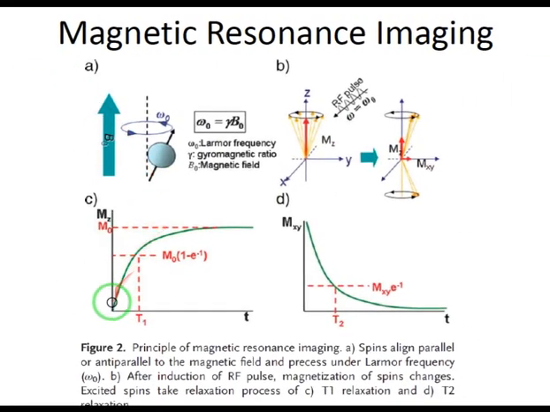Same as here, the decrease for the xy plane and the increase for the z axis. The measuring of these two properties gives us the relaxation time T1 and the relaxation time T2. These two components can be used for processing the MR images.